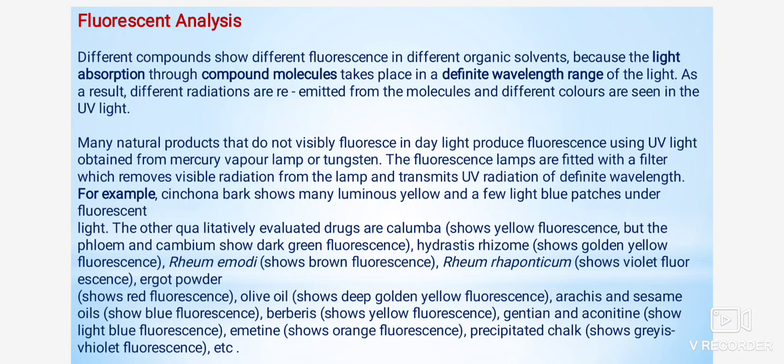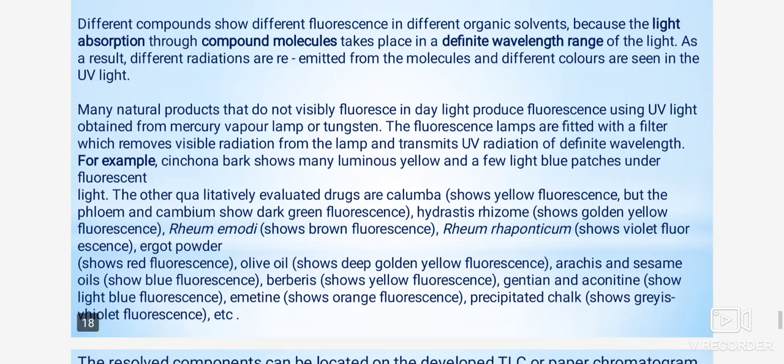Rheum rhaponticum shows violet fluorescence, ergot powder shows red fluorescence, olive oil shows deep golden yellow fluorescence, arachis and sesame oil show blue fluorescence, berberis shows yellow fluorescence, ginseng and aconitine show light blue fluorescence, emetine shows orange fluorescence, and precipitated chalk shows violet fluorescence. These are the fluorescent analyses which help in the identification of these drugs.